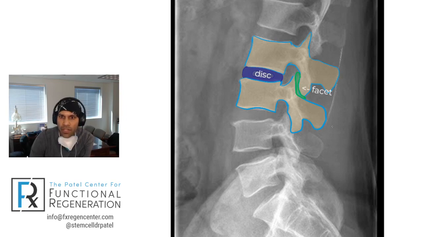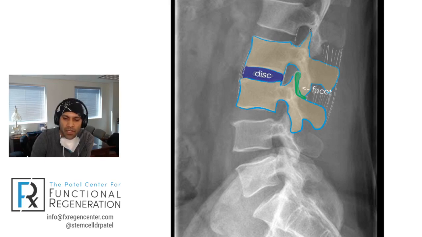So we have those ligaments connecting the spinous processes. We have those ligaments between the spinous processes here. We have the ligaments connecting the back of the vertebral bodies, the front of the vertebral bodies. We have those ligaments connecting the facet joints, and those are what are called facet capsules.